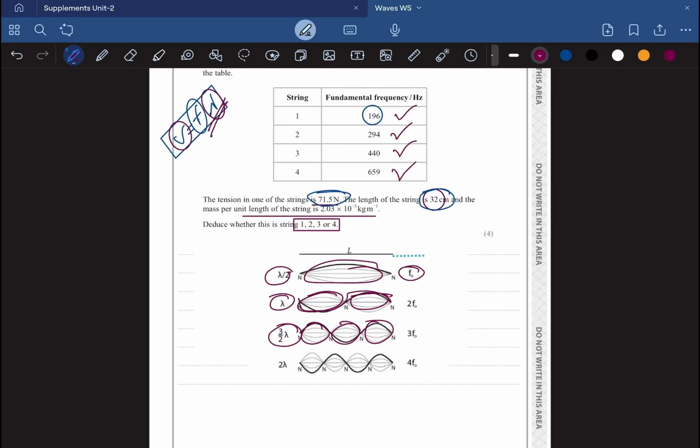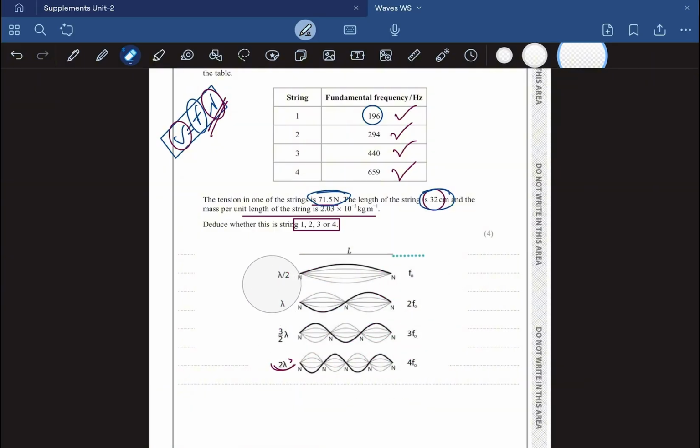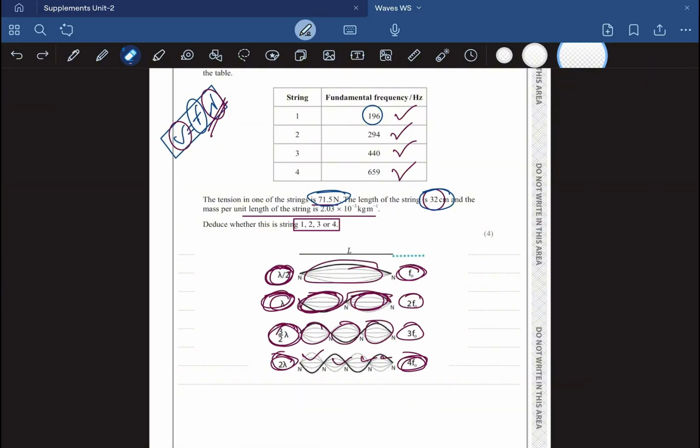So as the loops increase, the wavelength value increases by 0.5, and the frequency increases by f naught. With 4 loops, there is the 4th harmonic, and 4 into 0.5 is 2 lambda. You will have to remember these loops to know about the lambda.